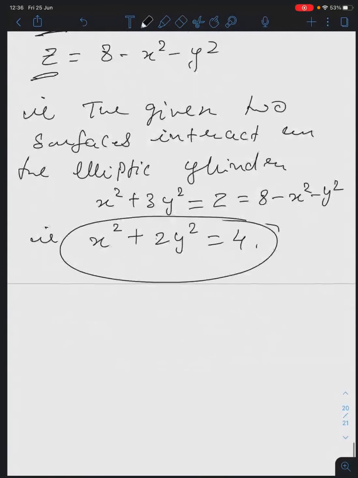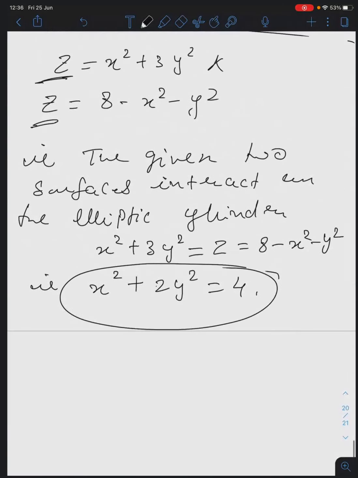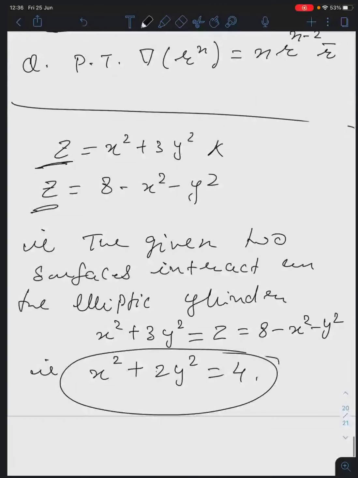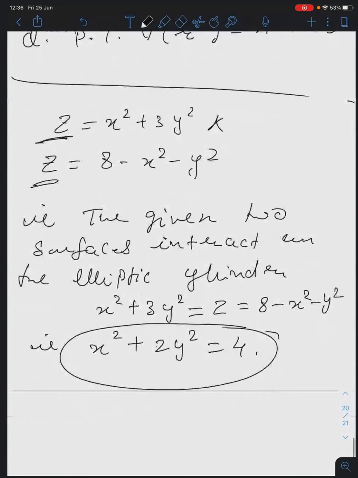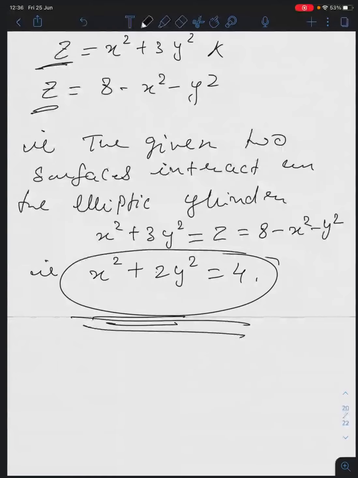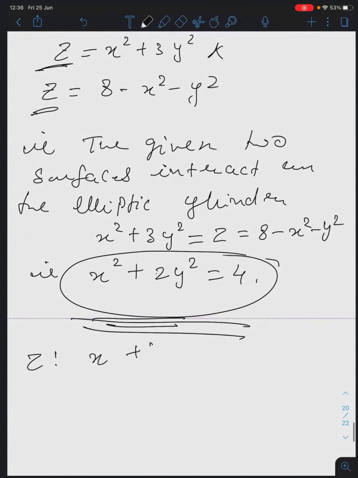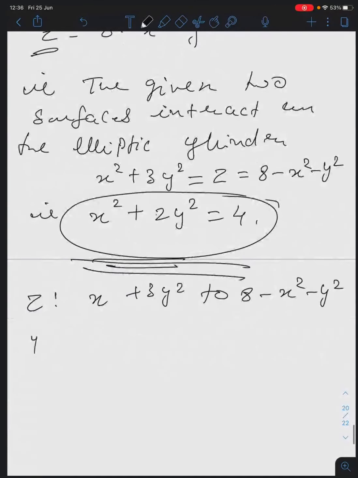Even if you don't know all this graphically, you have these two equations given, two elliptic paraboloids, and you need to find the volume bounded by them. From this curve you will get the limits of x and y, and for z it is already there: z is from x square plus 3y square to 8 minus x square minus y square.